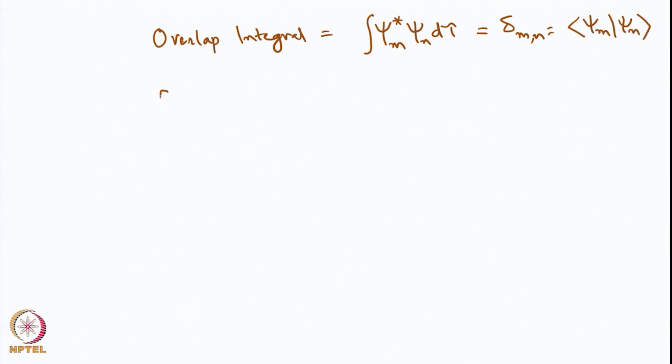Overlap integral: this was nothing but integral psi m star psi n d tau, which is equal to delta mn, and could also be written in bracket notation as psi m psi n. Similarly, we have the expectation value.